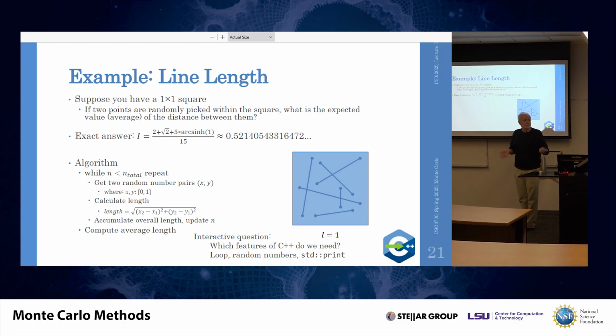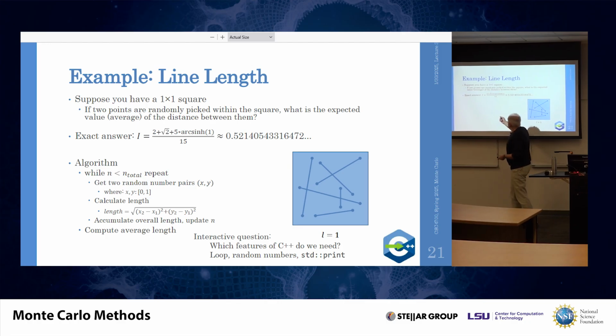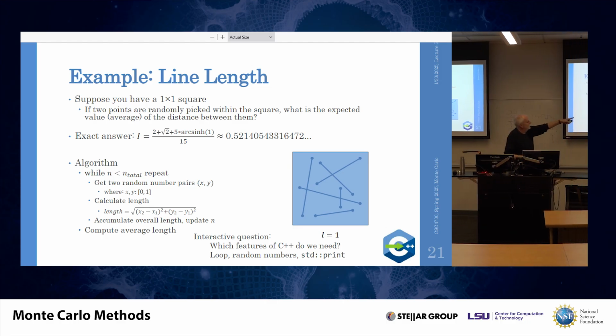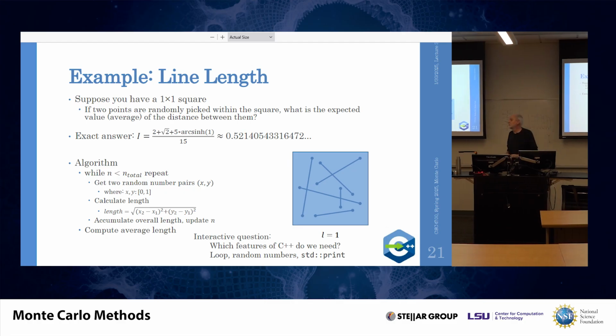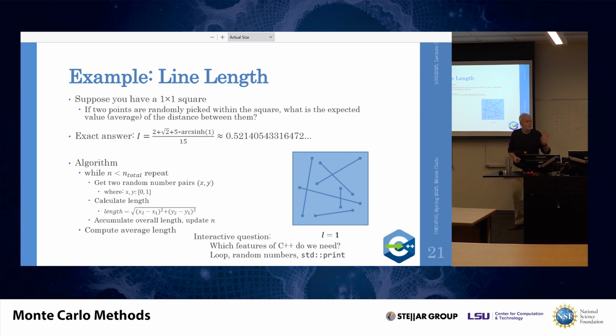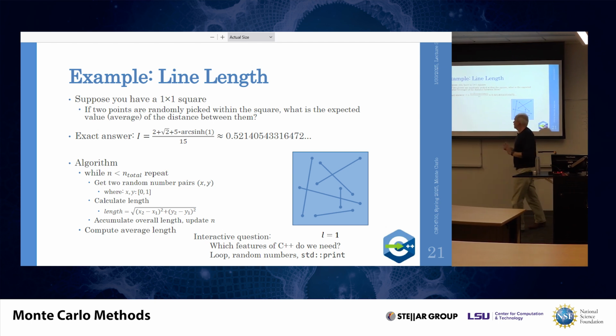We have a numeric and analytic solution. It's probably the solution of some integral. I'm not going to derive that for you, but this is the analytical solution for that. So the average length of the line inside that square is around 0.52 something something. Not interesting how that's done. If you're a mathematician, please feel free to prove that to yourself or whatever.